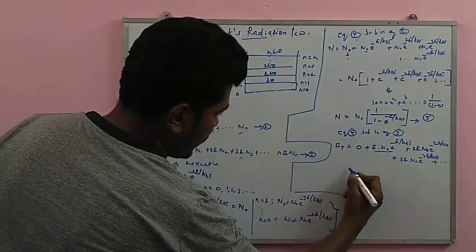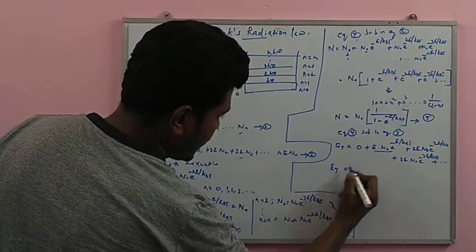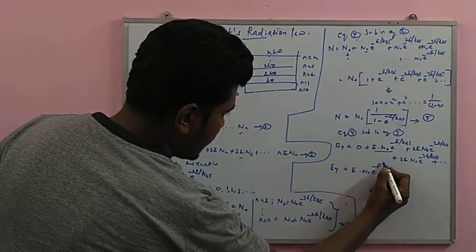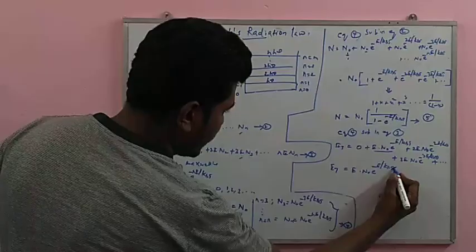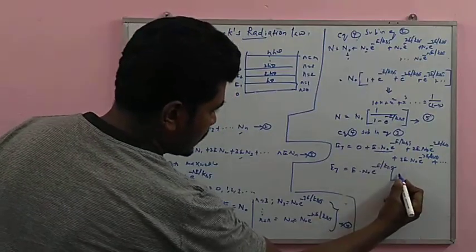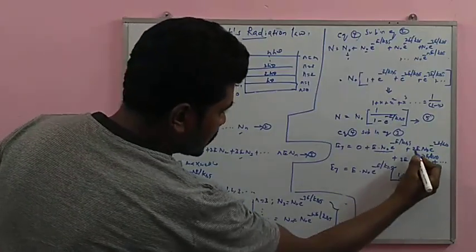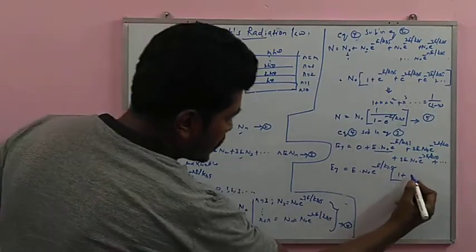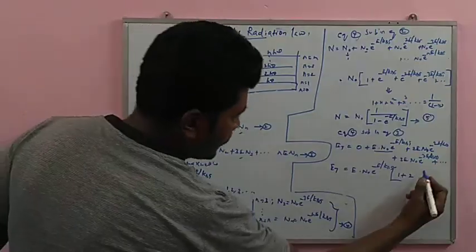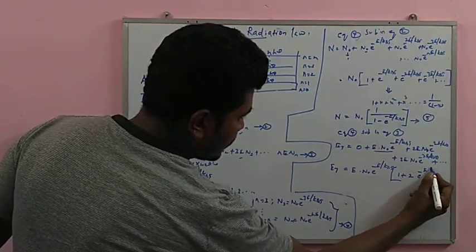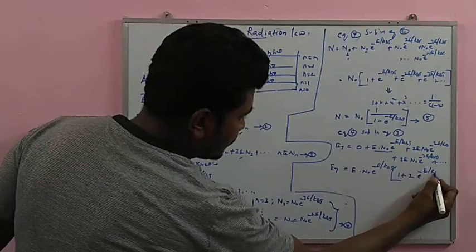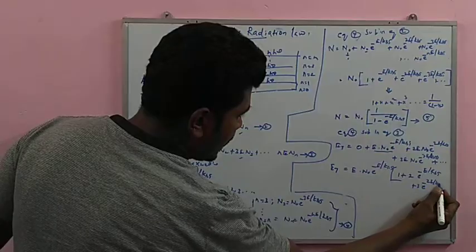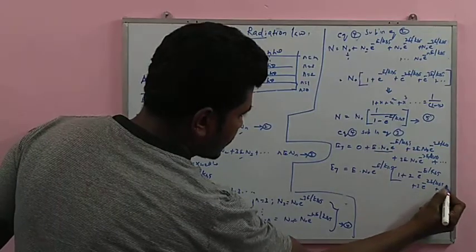So this common factor is E into N0 e power minus E by kBT. This term is equal to 1, then 2 e power minus E by kBT, plus 3 e power minus 2E by kBT, plus etc.